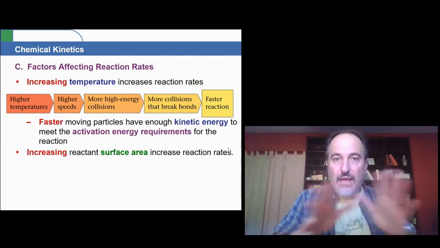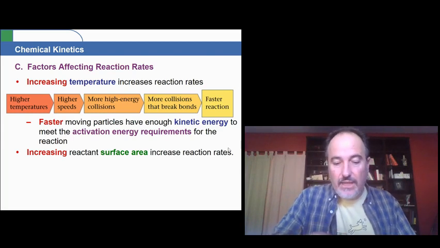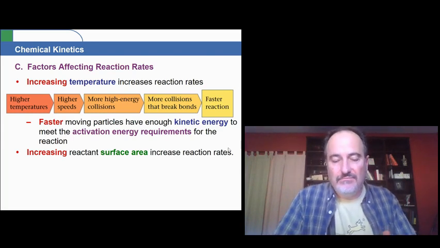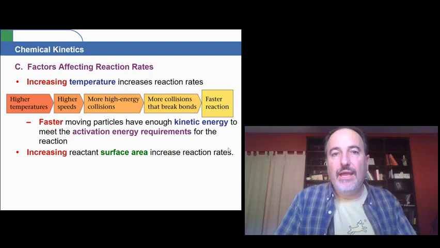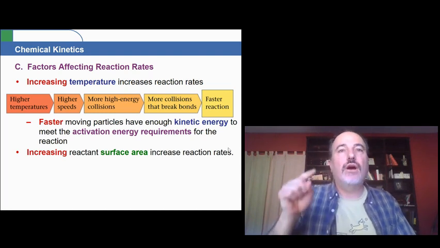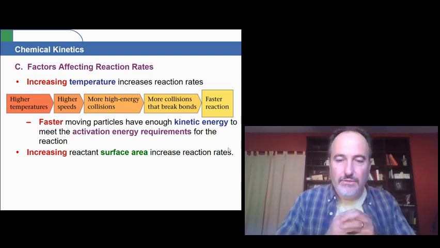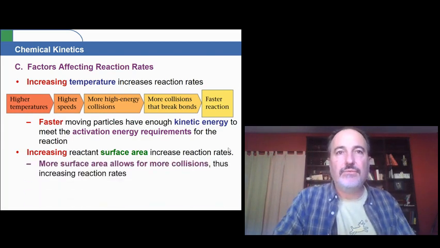It burned much faster than if you just put ethanol on flat and kept it together. It burns much slower. So if you increase surface area, reaction rates will increase.